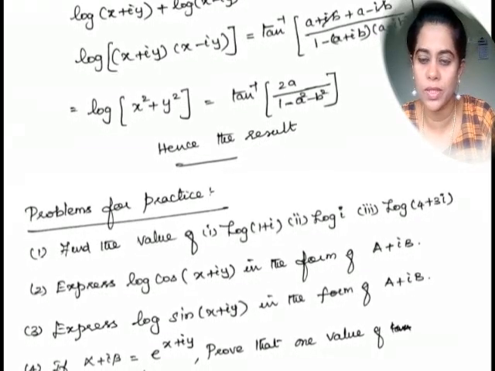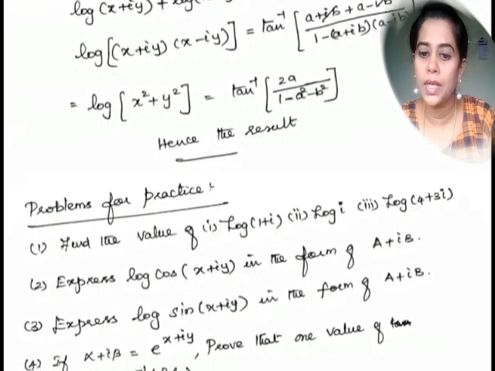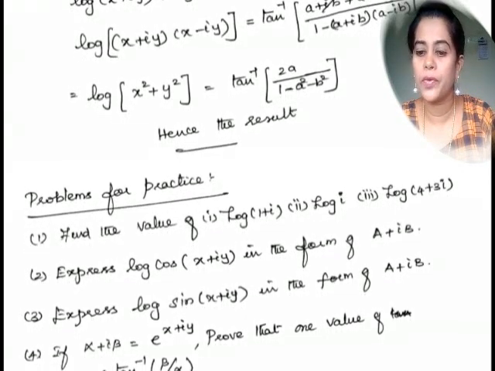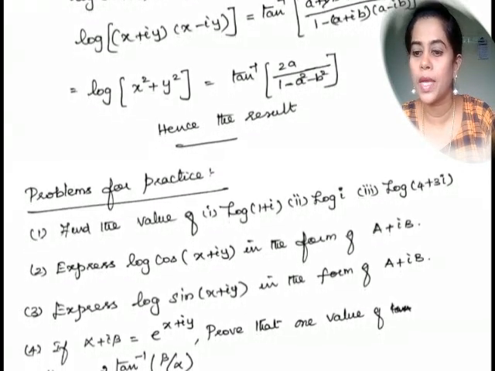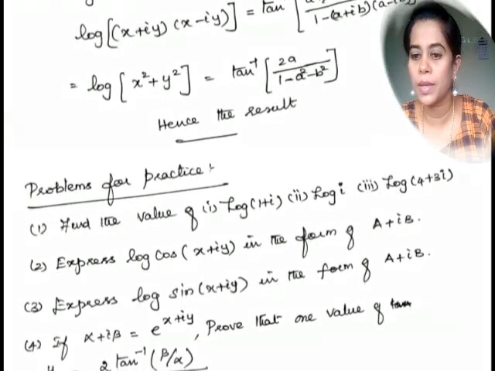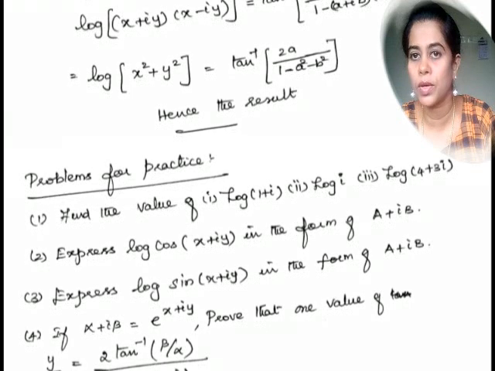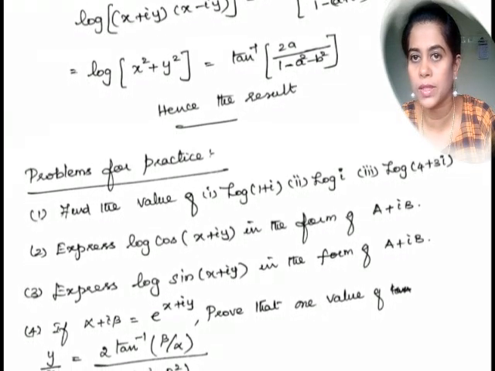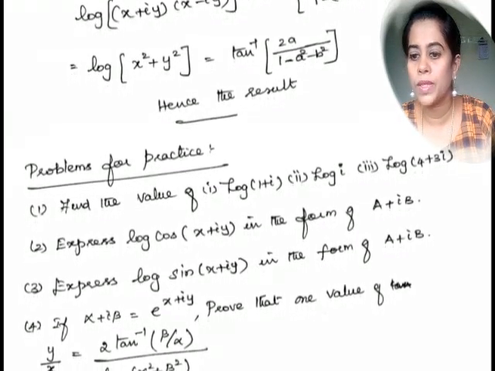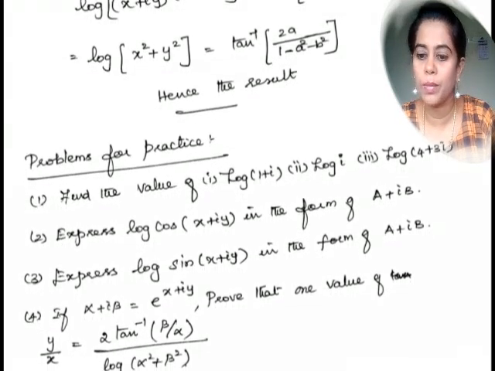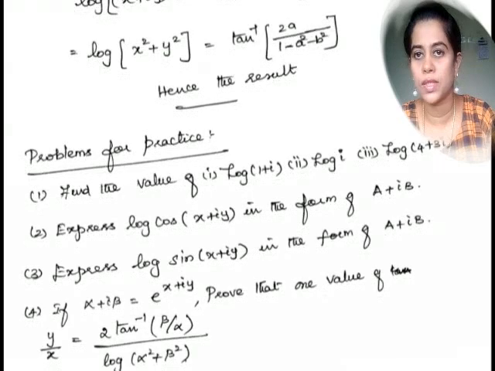Therefore x squared plus y squared equals tan inverse of 2a, the ib getting cancelled, divided by the same argument (a plus ib) into (a minus ib), which is a square minus (ib) the whole square. I squared is minus 1, so minus minus is plus, giving a square plus b square, and with the outer minus we have 1 minus a square minus b square. Hence we proved the result.